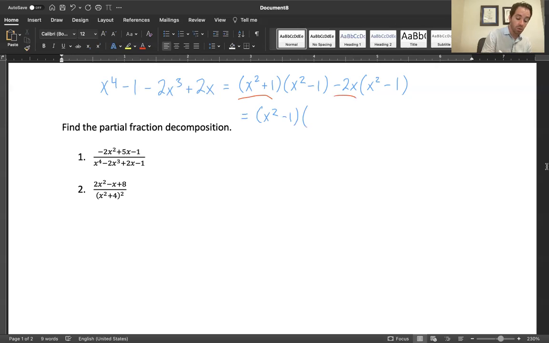So x squared minus 1 times x squared plus 1, and then minus 2x. And this, of course, can be written as x plus 1 times x minus 1. That's factoring the x squared minus 1. And then this is x squared minus 2x plus 1, which is x minus 1 squared.